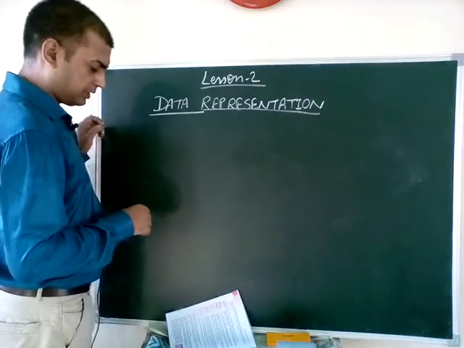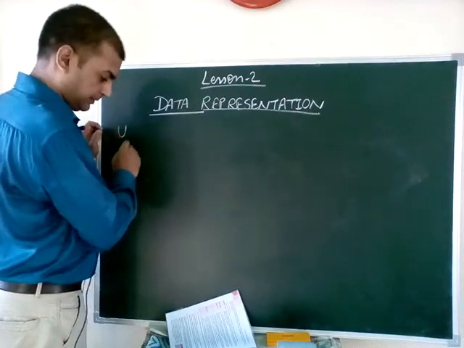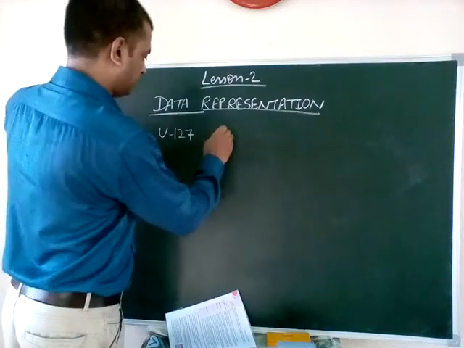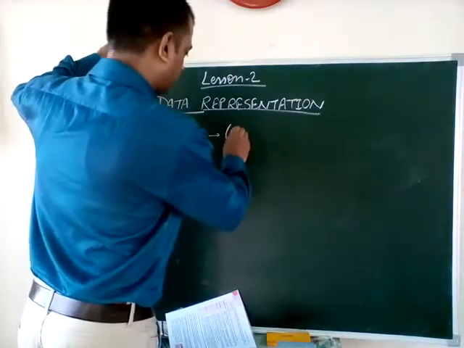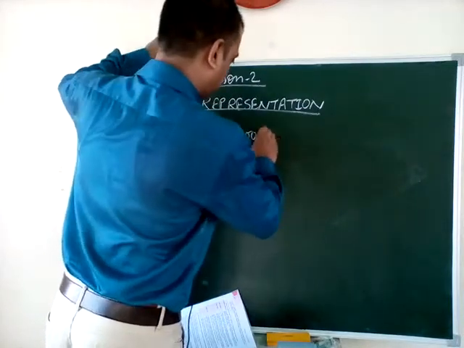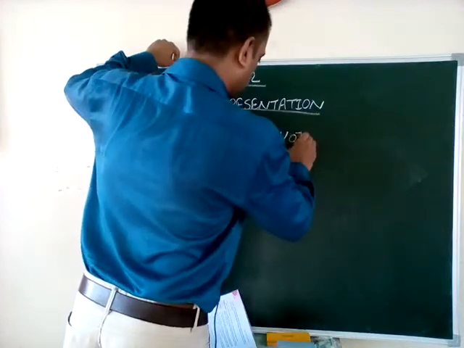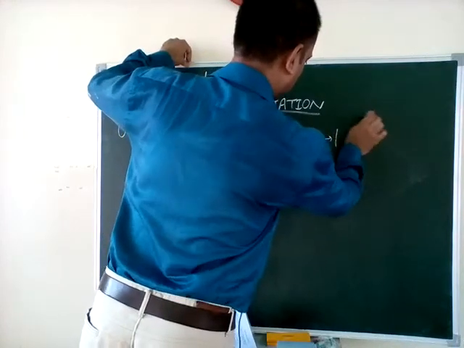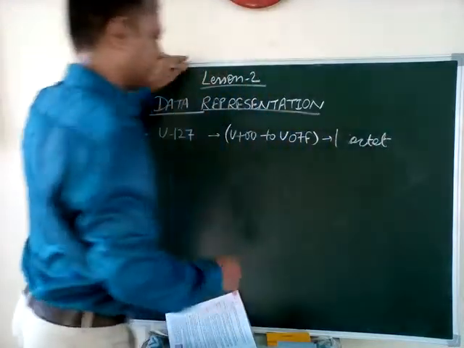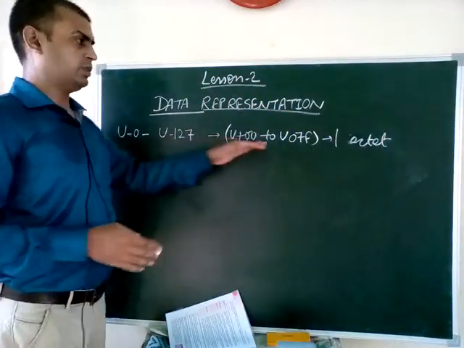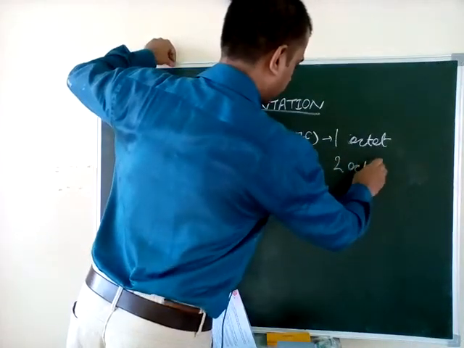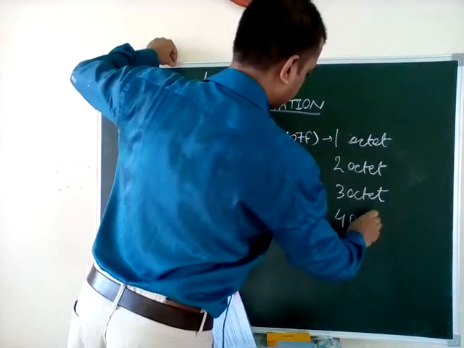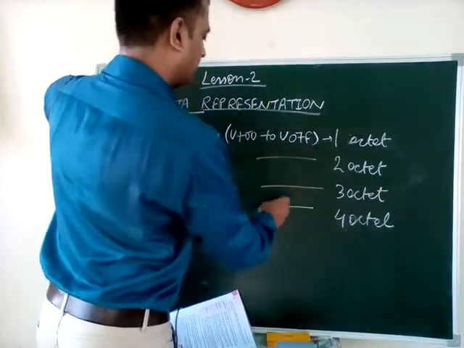Now U+0000 to U+007F, that is 0 to 127, takes 1 octet. Like this it is given for 2 octets, 3 octets, 4 octets, and here the ranges are given.